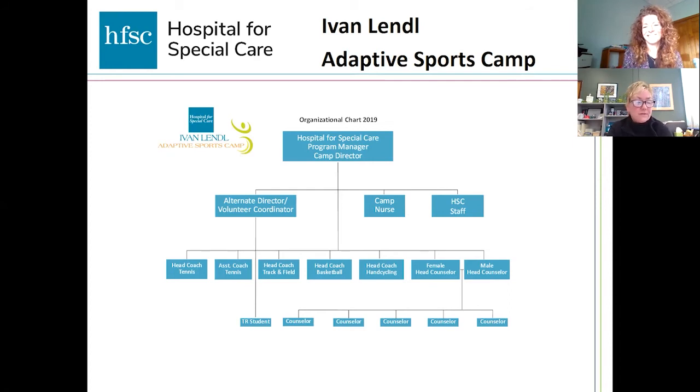But then you look down further and we see head coach of tennis. Again, why? Because tennis is what built this camp from the ground up. And you'll hear us comment on tennis later as it relates to who loves tennis when they come to camp. So 2 tennis coaches, a track and field coach, a basketball coach, hand cycling, male and female head counselors, and then a minimum of 5 or 6 counselors.